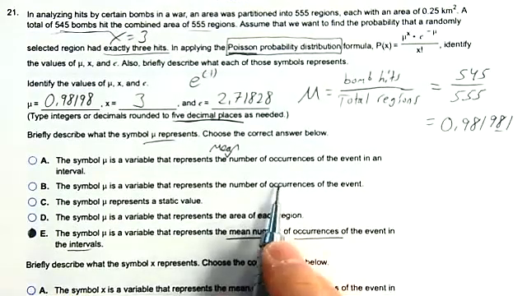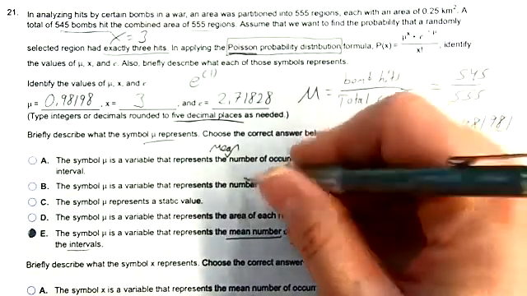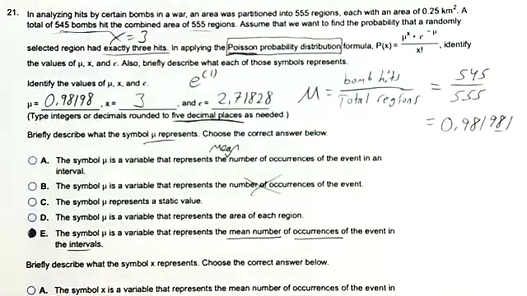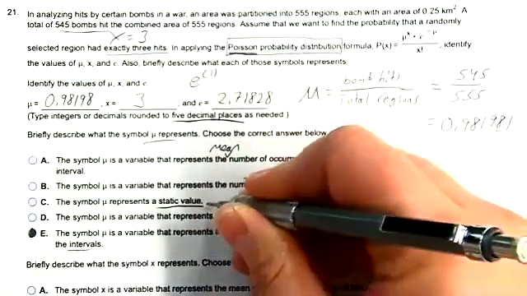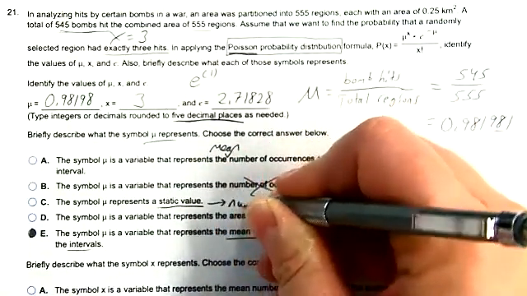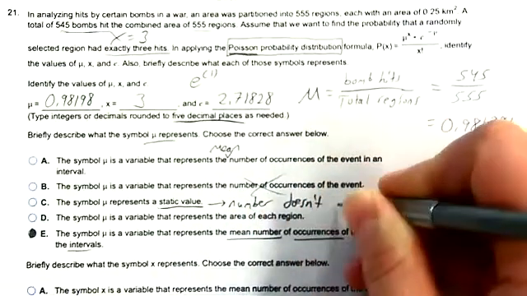The number of occurrences of the event, that's actually X, so that's wrong. Mu represents a static value. Static value means that the number doesn't change.